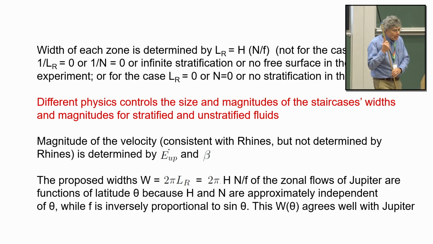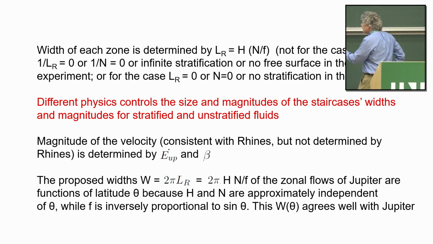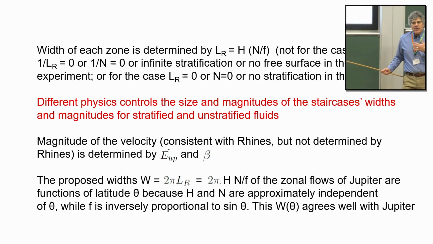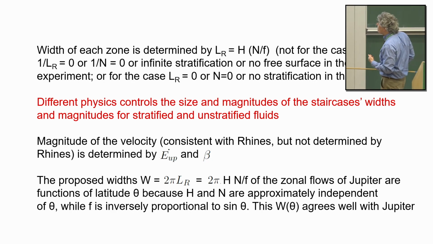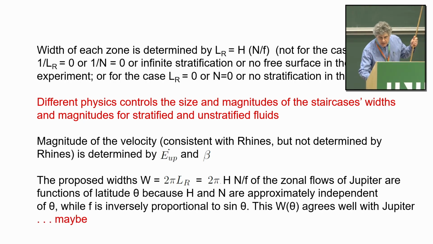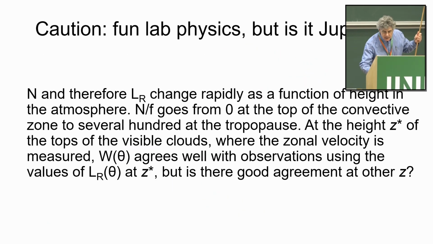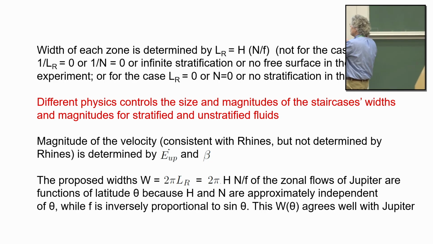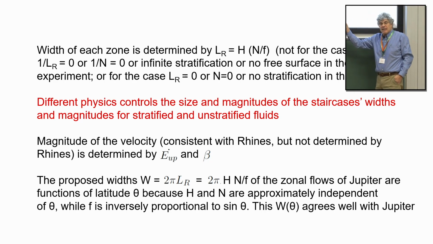Okay. So basically, all right. My claim is that 2 pi times the deformation radius should be the distance between adjacent eastward jets on Jupiter.